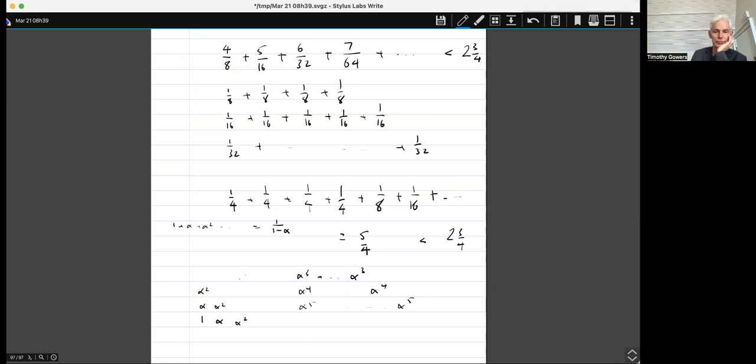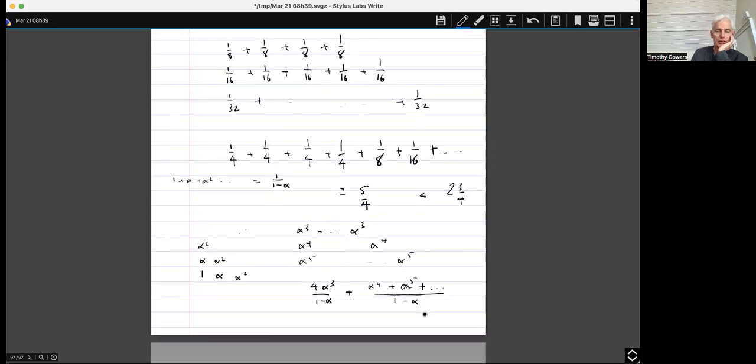So I get 4 alpha cubed over 1 minus alpha plus alpha to the 4th plus alpha to the 5th plus dot dot dot, all of them over 1 minus alpha, and that's alpha to the 4th times 1 over 1 minus alpha.